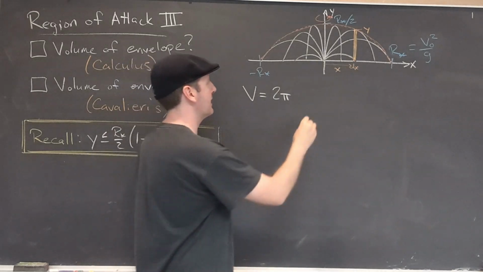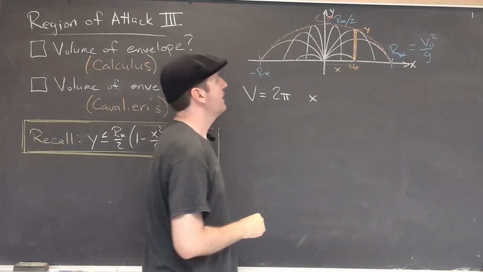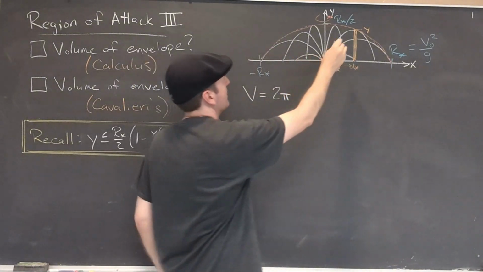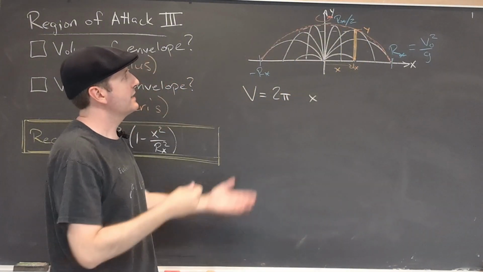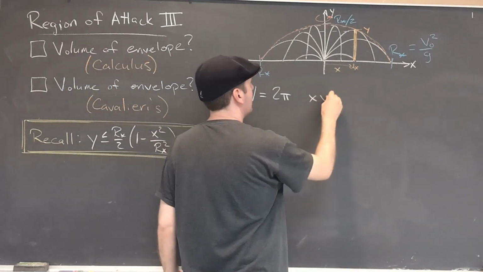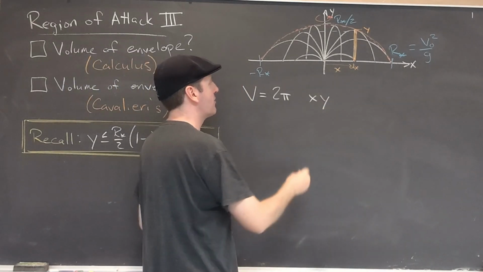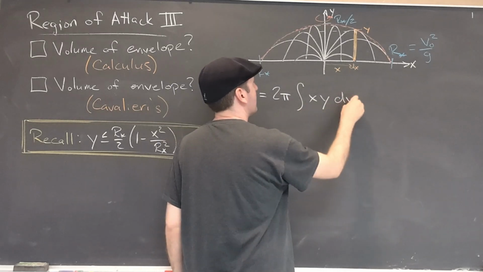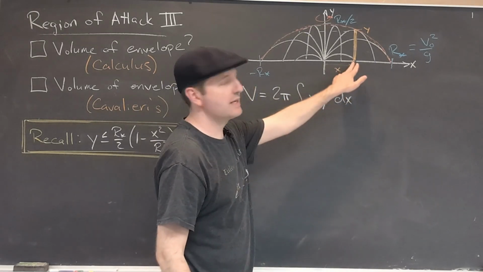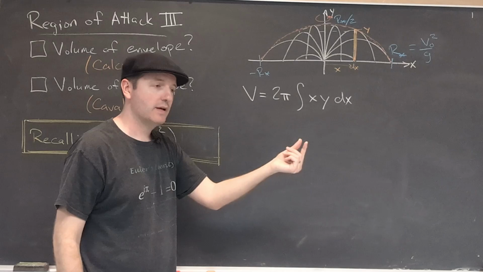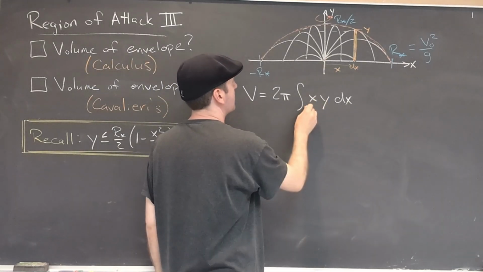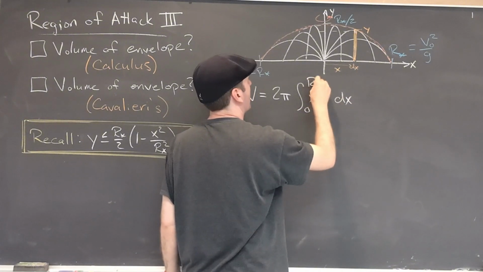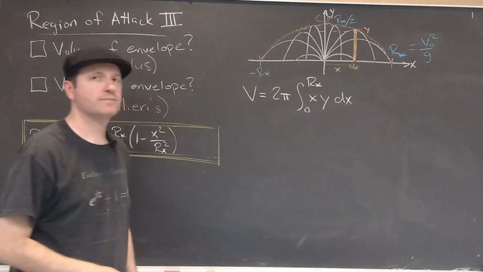That's the circumference of my shell that's being created here. And I need to multiply it by the height, which is y, and then integrate it dx, because that's the thickness of this little tiny strip. We want to integrate over all possible x's from 0 all the way out to r star.